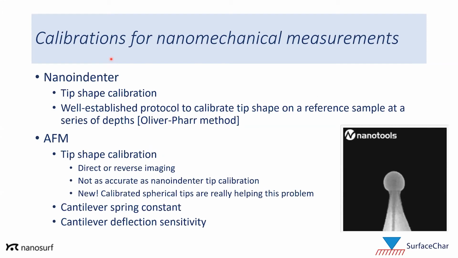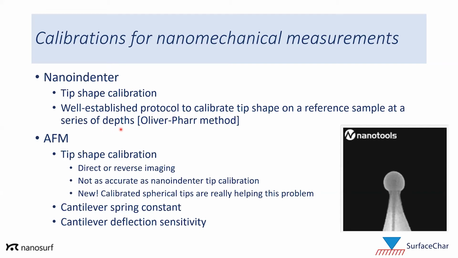I also want to say a word about calibrations for these nanomechanical measurements. So the main calibration that is required is the tip shape calibration for both techniques. And the nanoindenter has a very well-established protocol to calibrate tip shape on a reference sample at a series of depths.